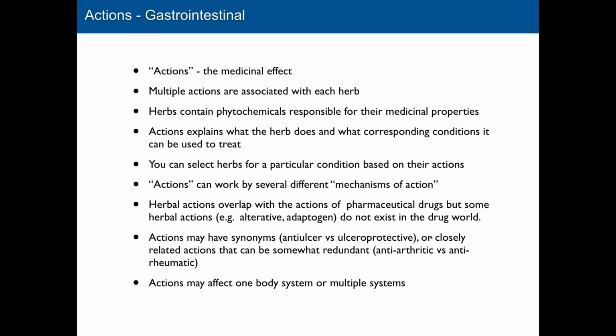When it comes to the herbal actions, you could have, let's say, an anti-inflammatory herb. And there are different ways that an anti-inflammatory drug or herb could reduce inflammation in the body.